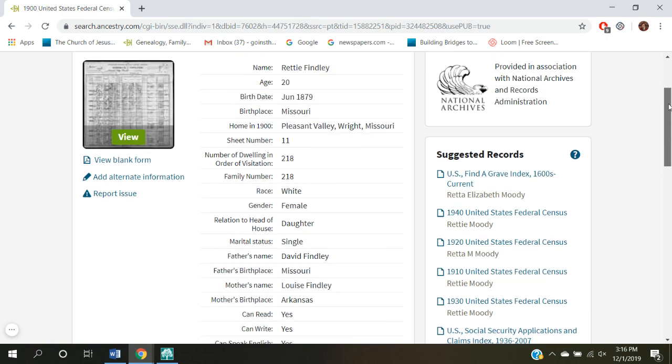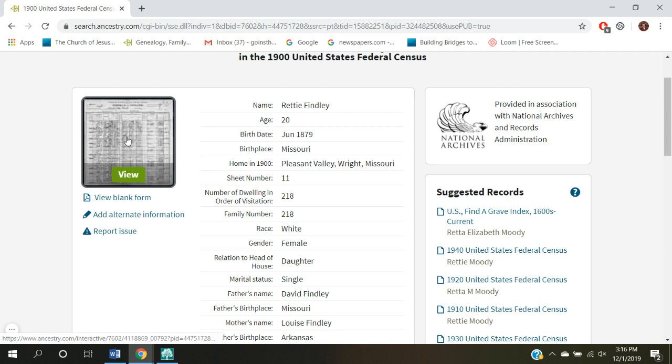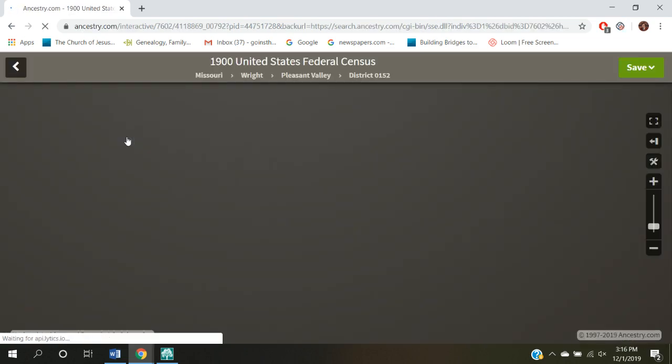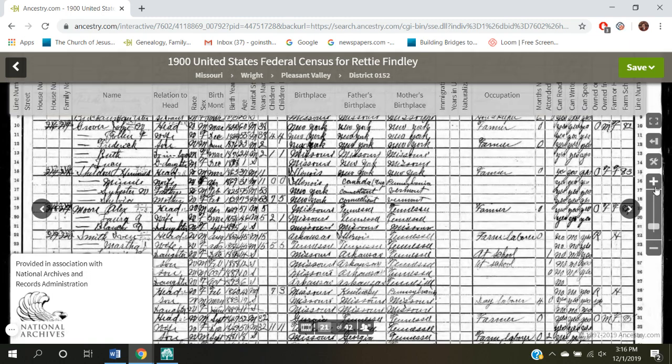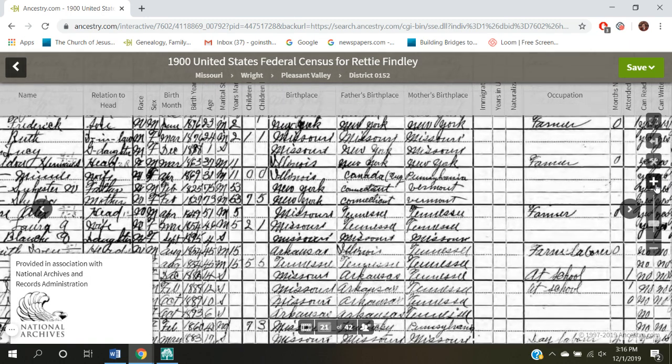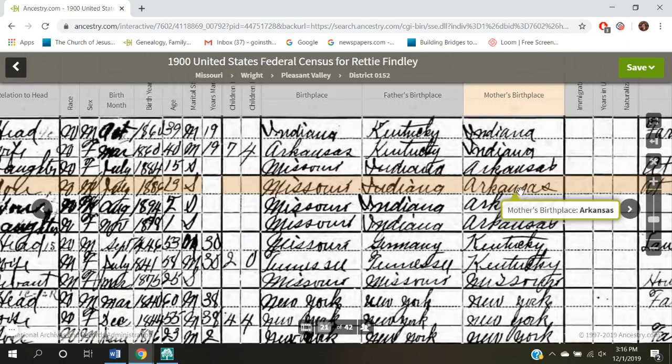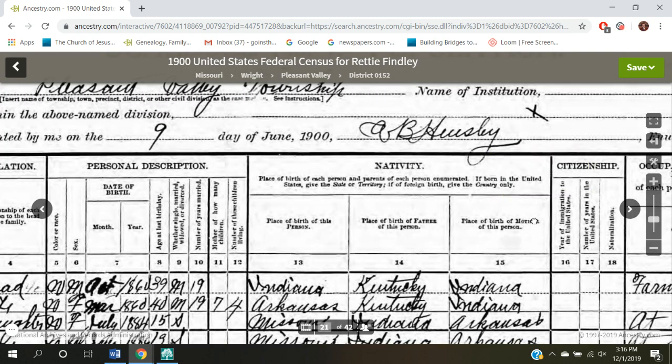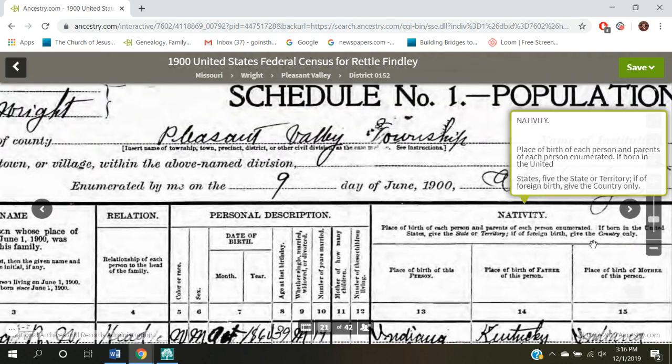So if I open this picture of the 1900 U.S. Federal Census in Pleasant Valley, Wright County, Missouri, and then I increase the magnification so I can see better, I'm going to go to when the census was taken.